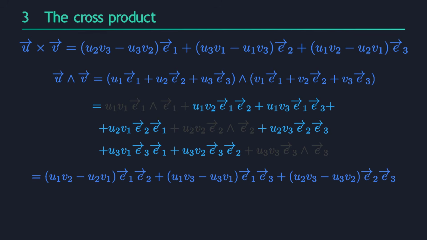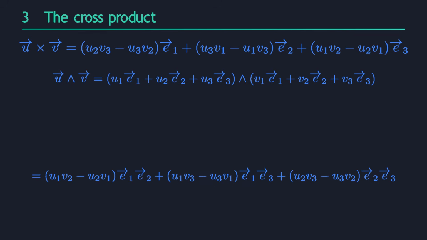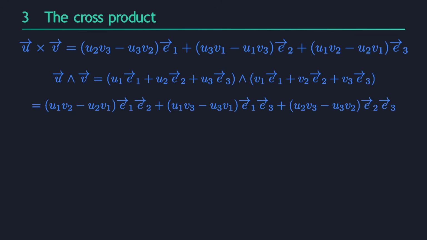It already looks suspiciously similar to the formula we had for the cross product. The coefficients are already almost the same. The biggest difference is that the cross product uses vectors, while the wedge product uses bivectors. And we already know how to fix that. All we have to do is multiply with the pseudoscalar w.